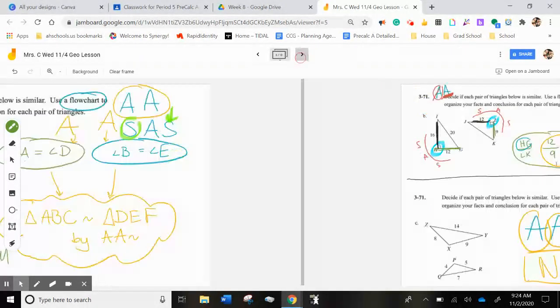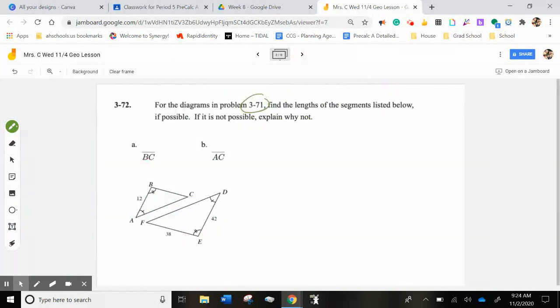Okay, so there's some number that we multiply by to get to that side. So they want us to find BC. So let's set up and try to solve for BC.